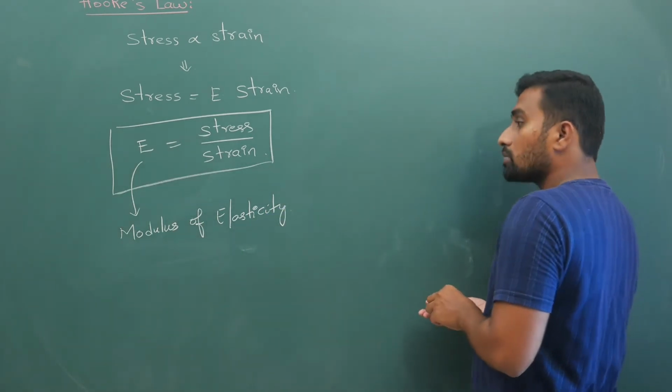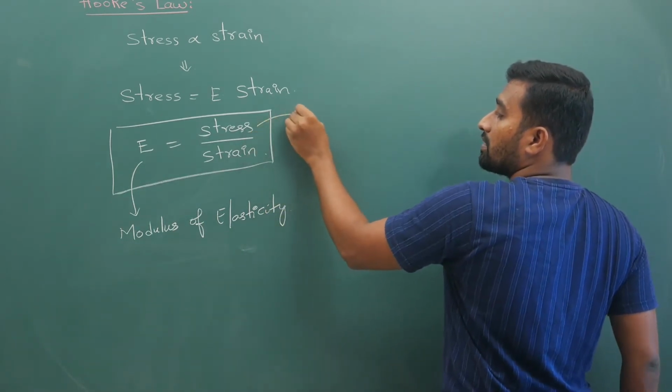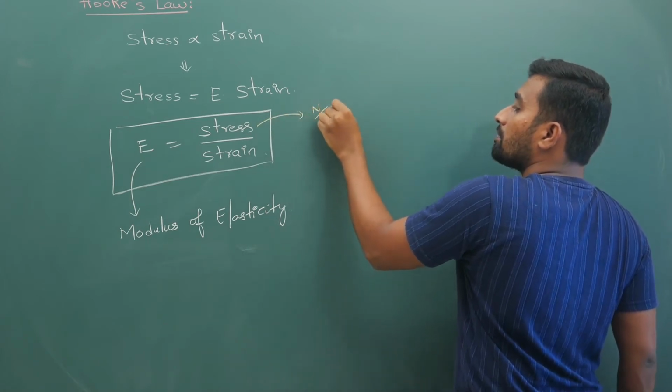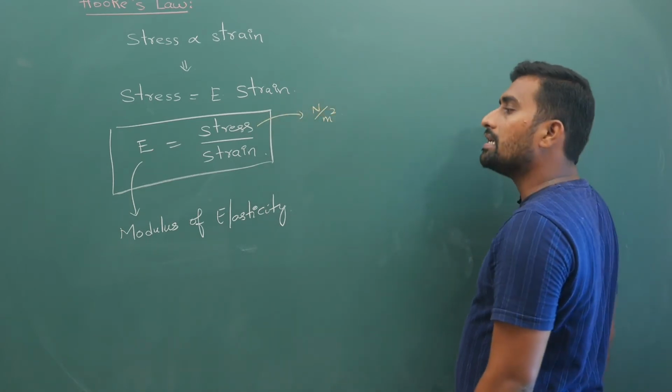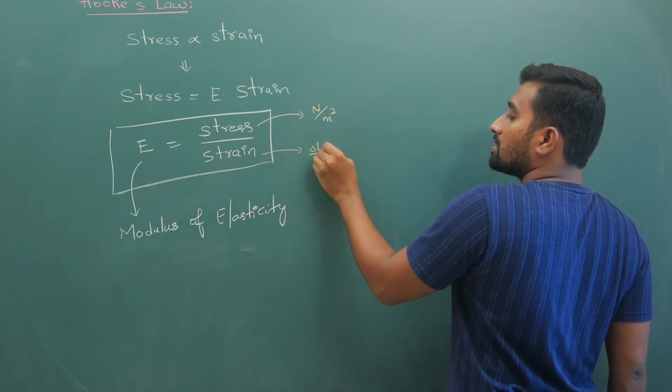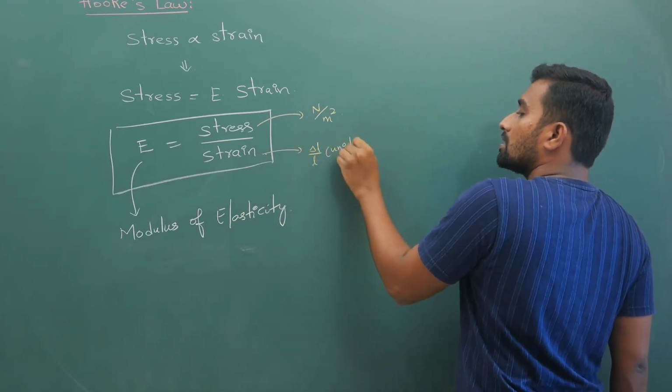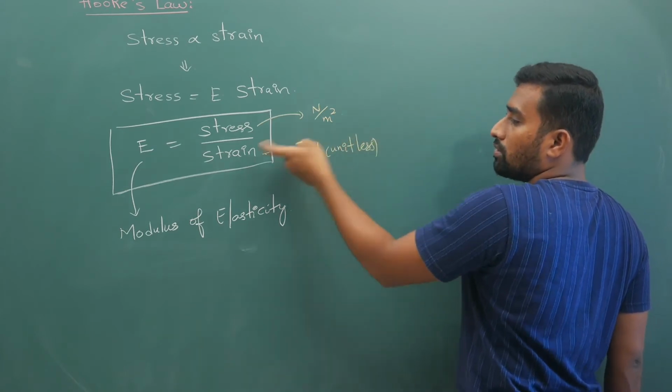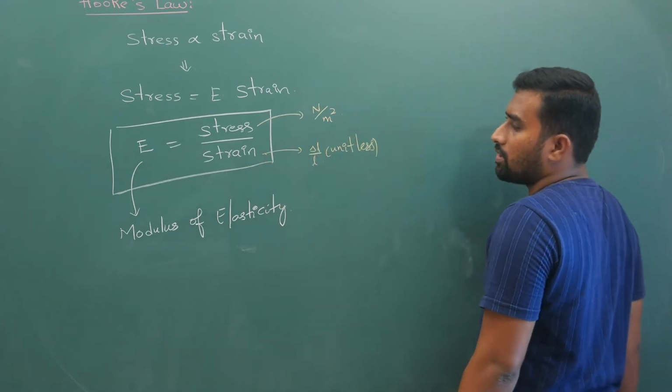For the unit of this modulus, the stress unit is Newton per meter square, and I told you it is a tensor quantity. Your strain is change in length by original length, so it is unitless. So your E is your elasticity modulus.